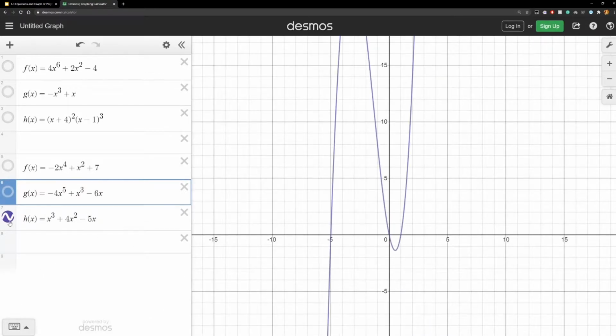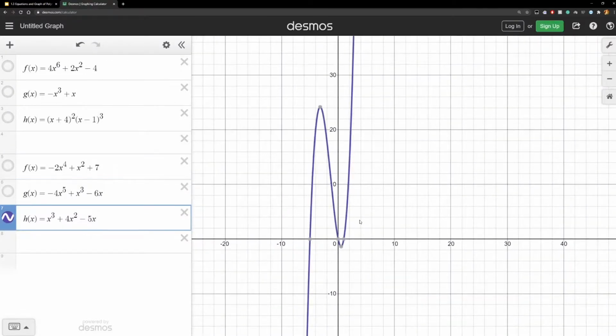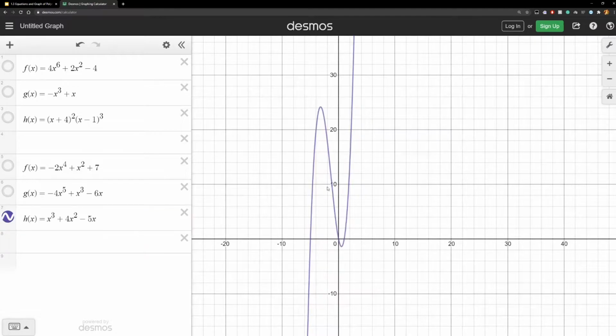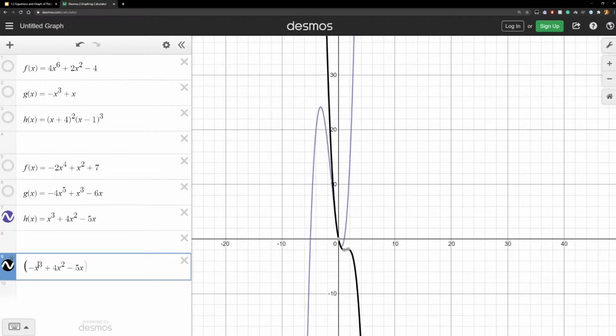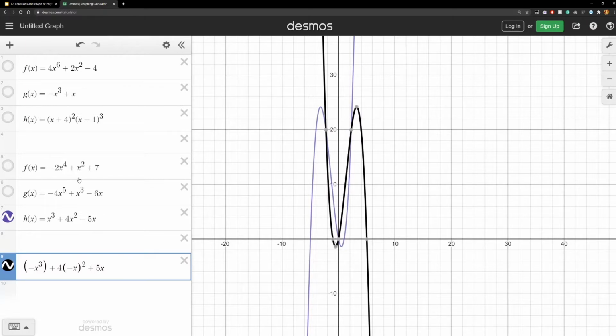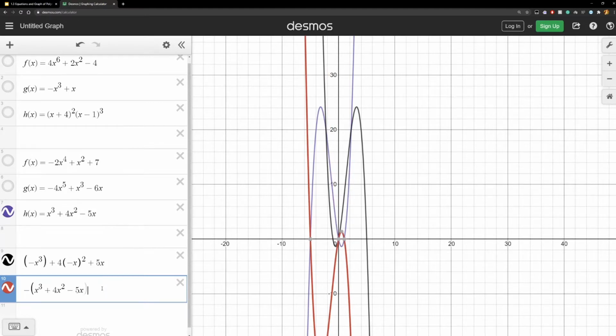Lastly, we have h of x. This is what it looks like. So let's figure out whether or not it is symmetric. We have negative x, and this one is going to be a plus, and then we need to do the negative, and then we could see h of x.